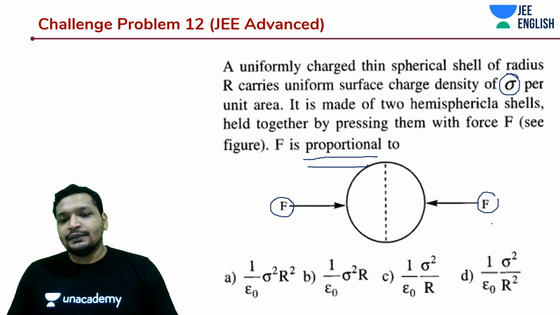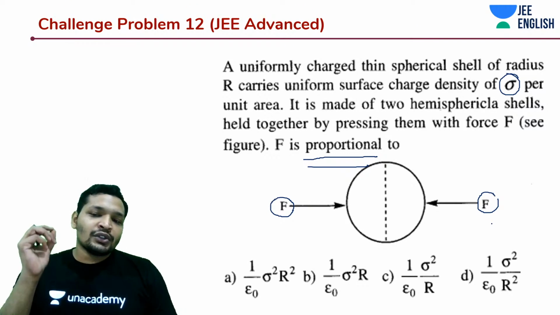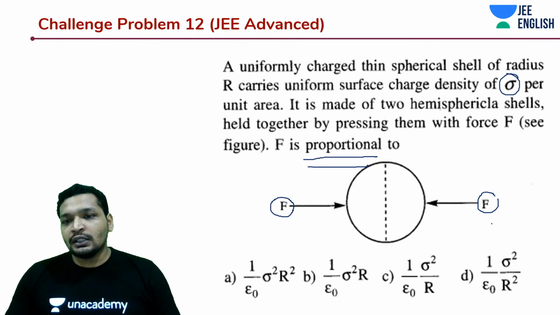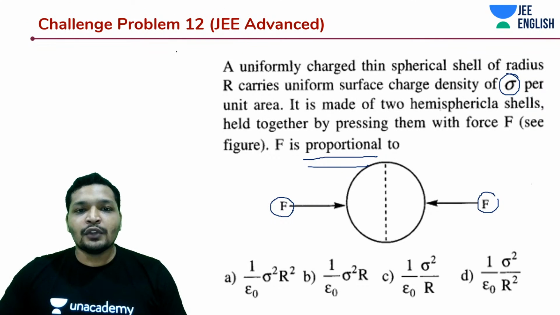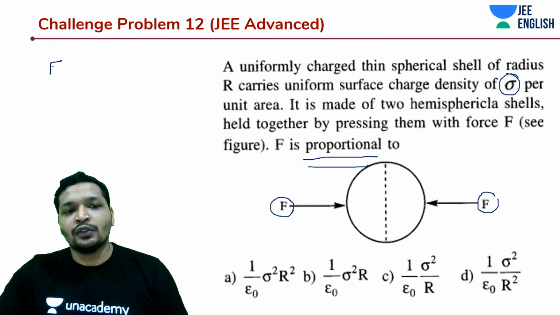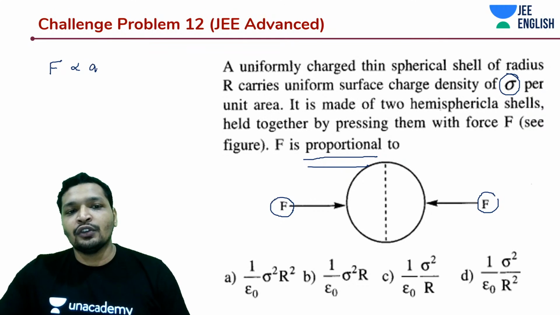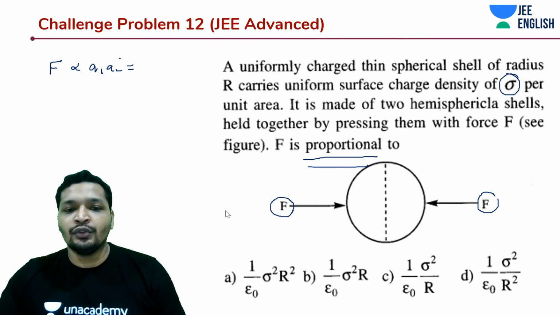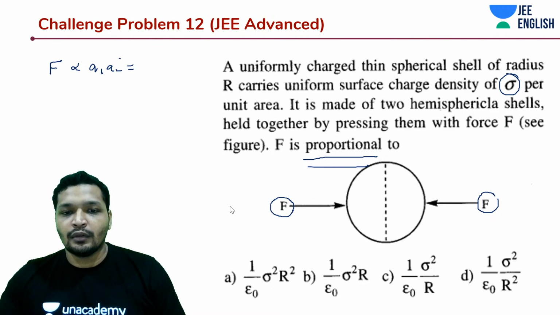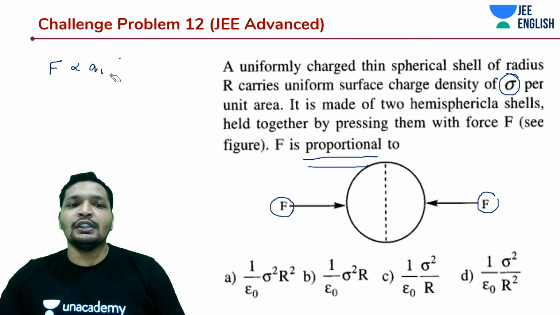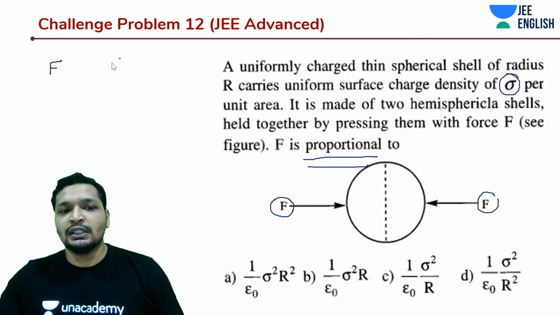How would you do that? Any guesses? One of the things is you can directly notice a few things. One is you can go by Coulomb's law. That could be simple. F is proportional to Q1 and Q2. Just a very 2-second method of doing this kind of problem.